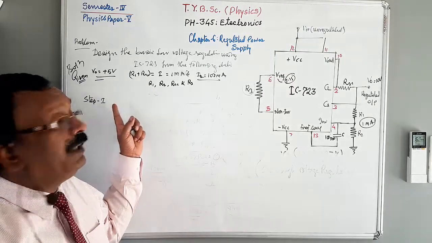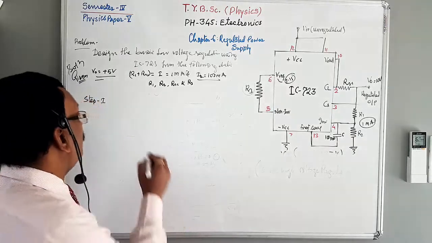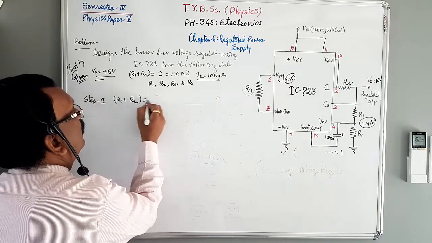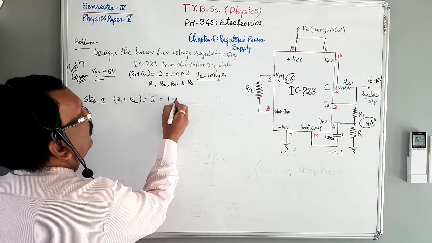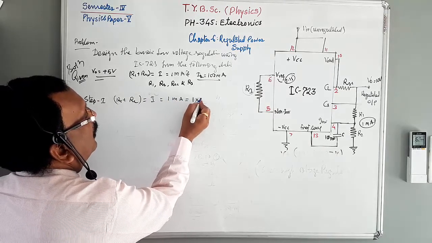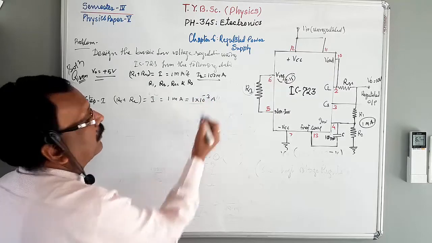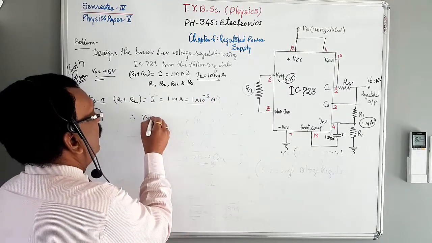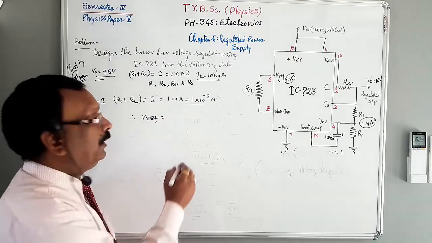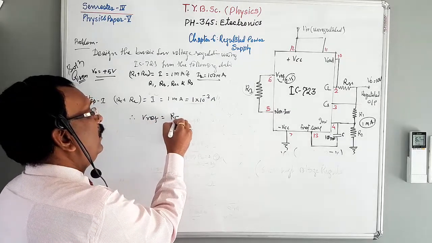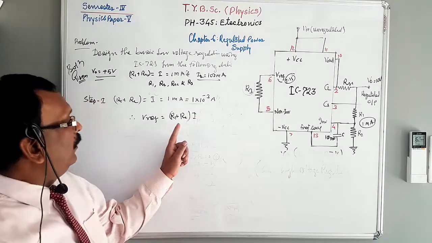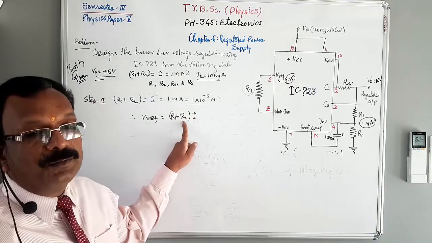Now, if the current flowing through R1 plus R2 is equal to I is equal to 1 milliampere, which is 1 into 10 raised to minus 3 ampere. Therefore, V reference is equal to R1 plus R2 upon I. See here, V is equal to IR, Ohm's law.